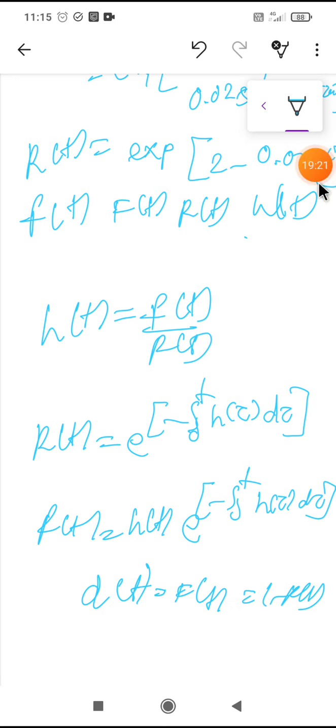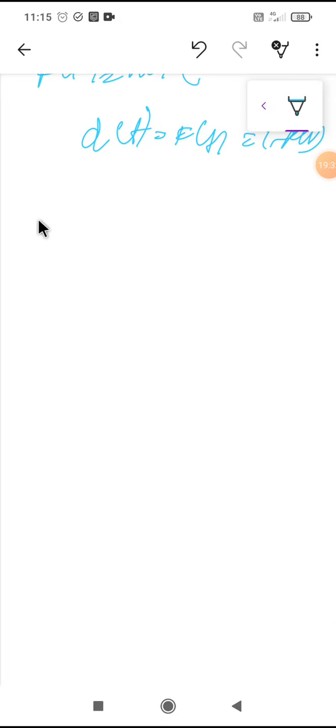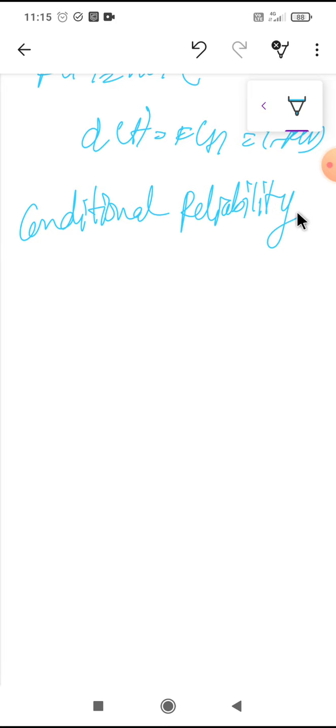So this is an example to give you a clear idea about what is going on. Now we will touch a new topic, that is conditional reliability. The conditional reliability function R of T given T1 is defined as the probability of operating for a time interval of a duration T given that a non-repairable system has operated for a time T1 prior to the beginning of the interval.